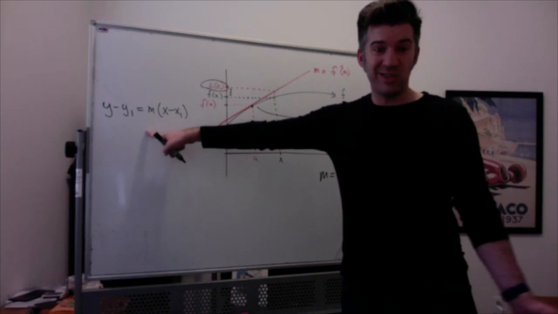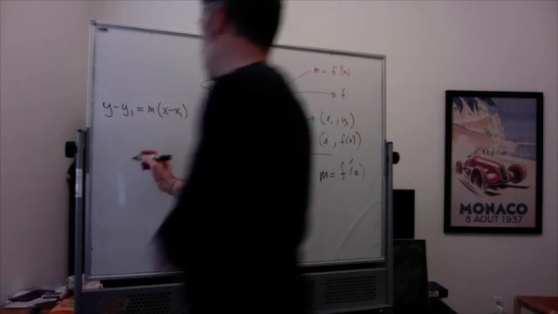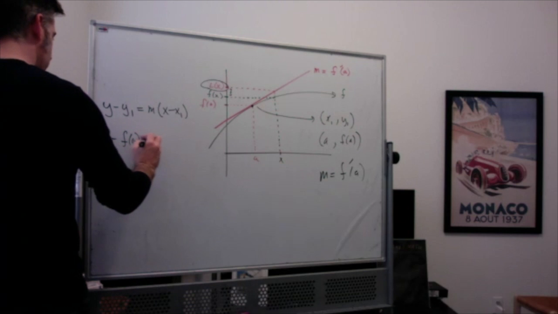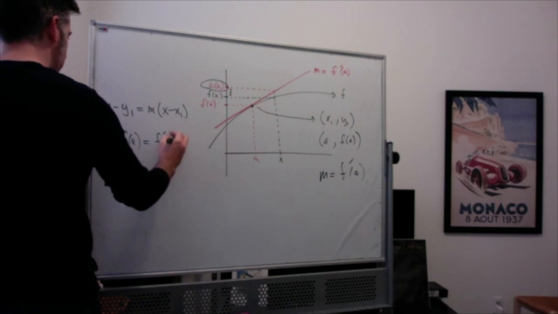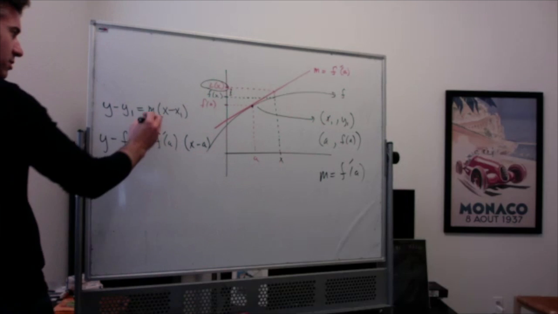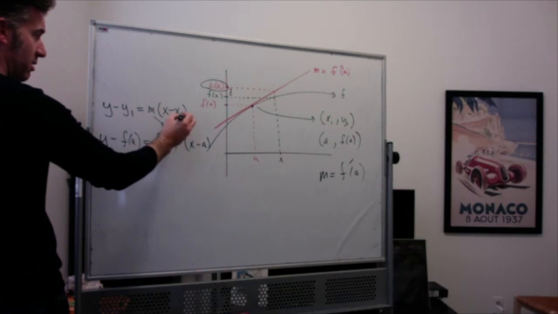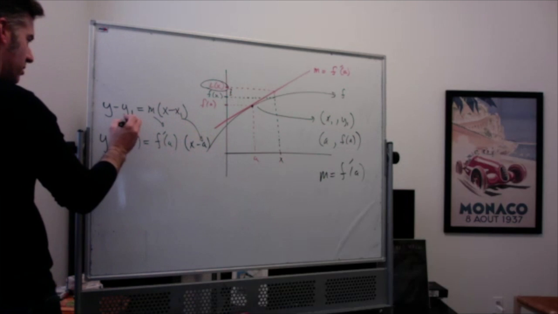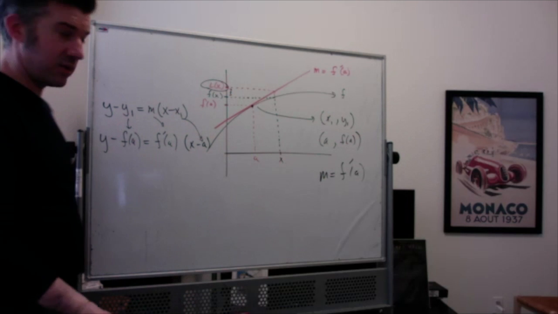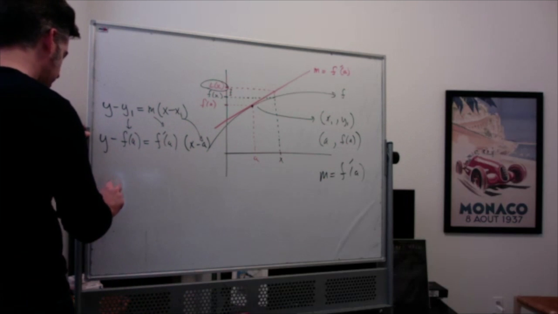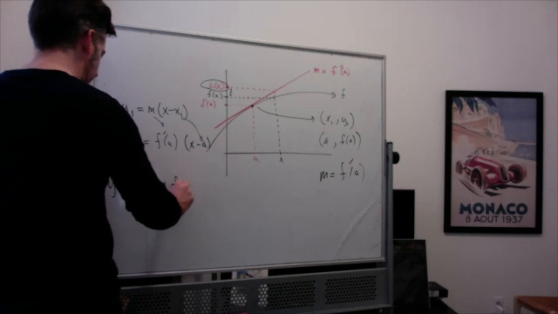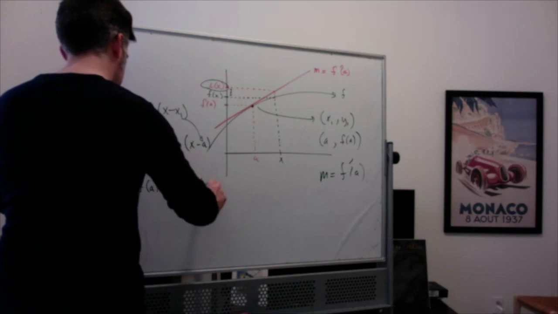So rewriting this, just using new names, I have y minus f of a equals f prime of a times x minus a. m is f prime of a, x1 is a, y1 is f of a. And then finally, we isolate y and say y is equal to f of a plus f prime of a times x minus a.